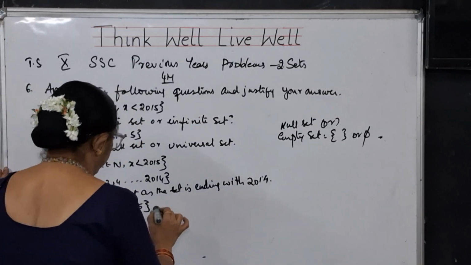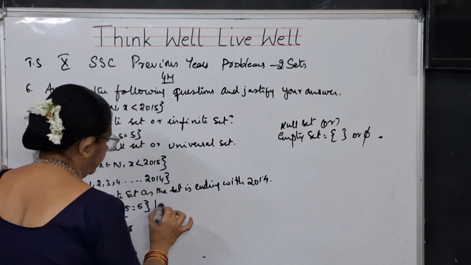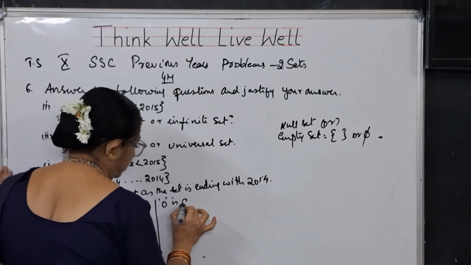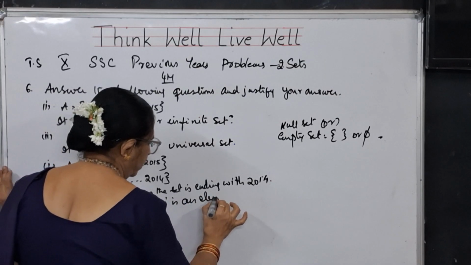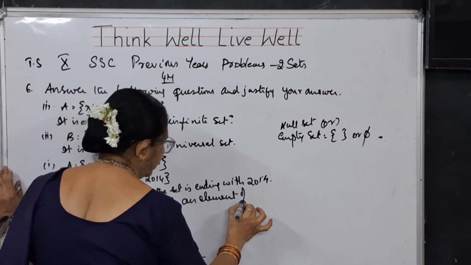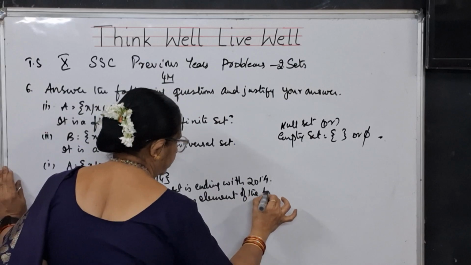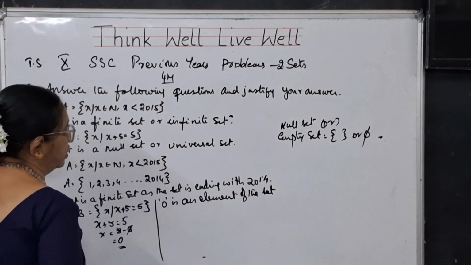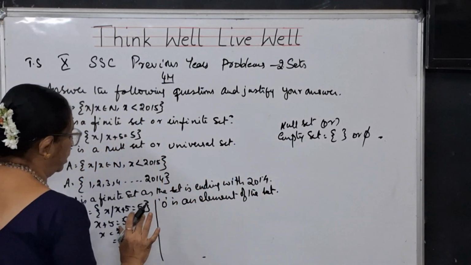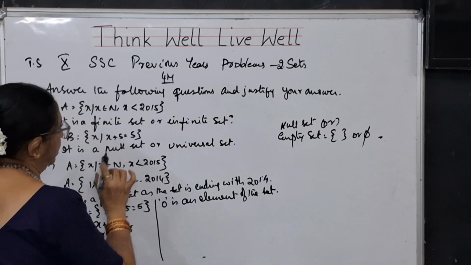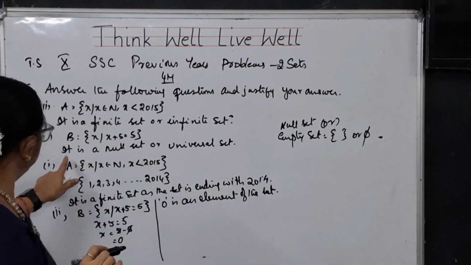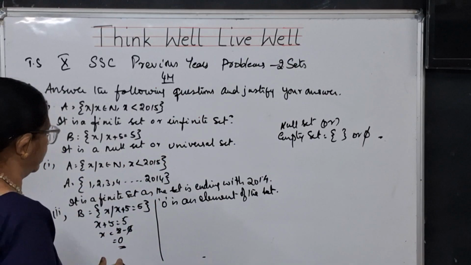So we'll say that 0 is an element of the set. When it is an element of the set, that means the set contains an element. Then how can it be a null set? Your question is whether it is a null set or a universal set.